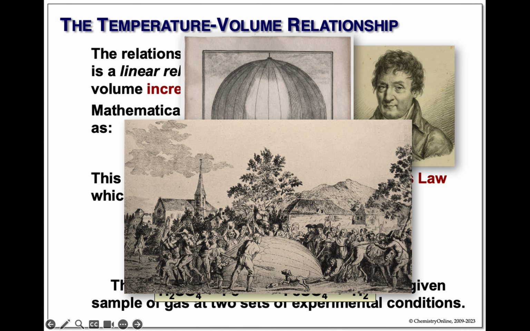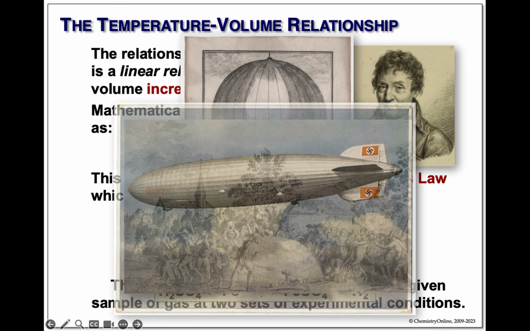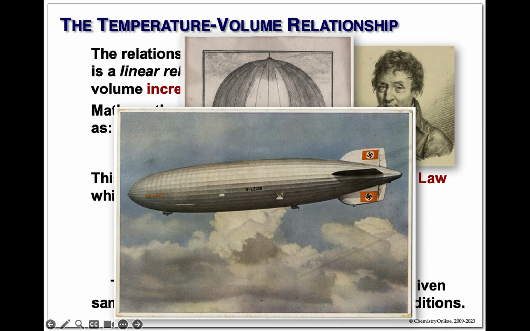The reason is everybody was using hydrogen, and they made massive airships. This is the Hindenburg. It's a German craft. 1937. It would carry 30, 40 people in its belly, and it was designed to fly from Berlin all the way across the Atlantic to New Jersey.